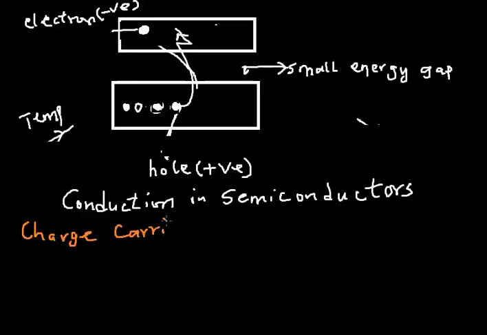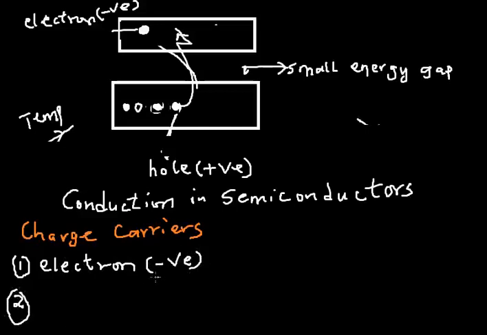Those two charge carriers are the electron, which carries negative charge, and the hole, which carries positive charge in the opposite direction.